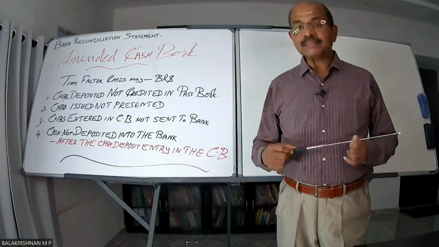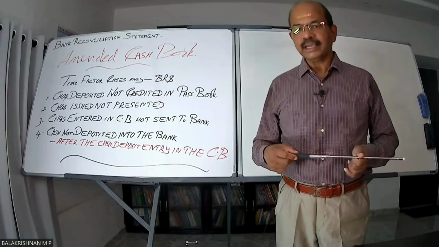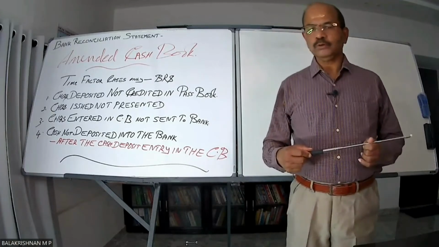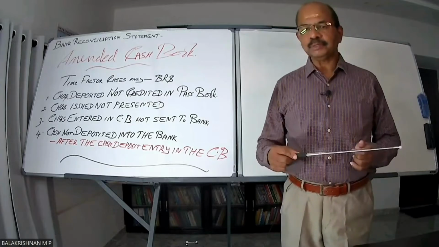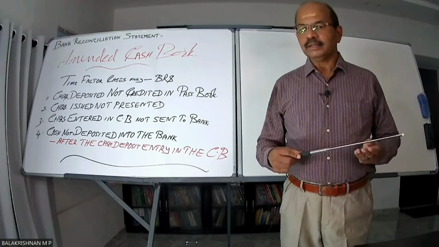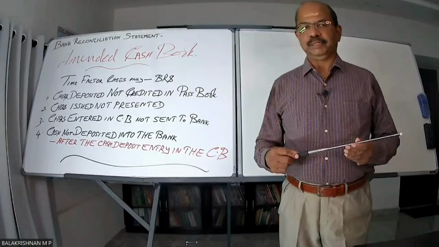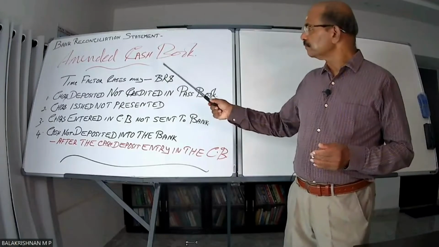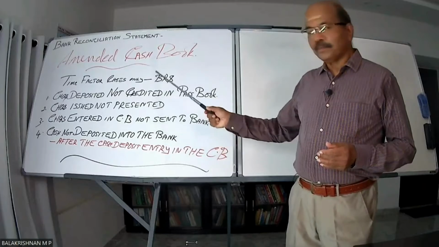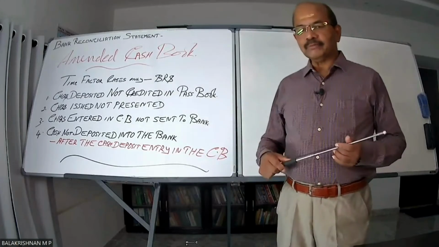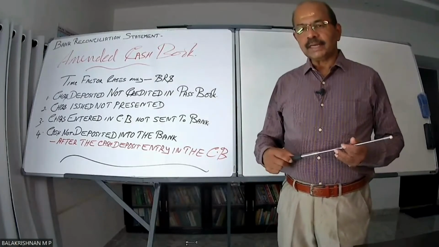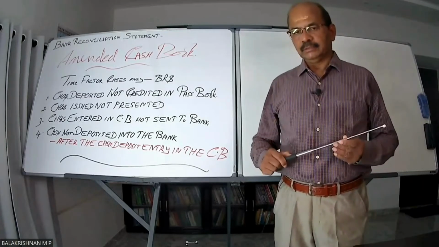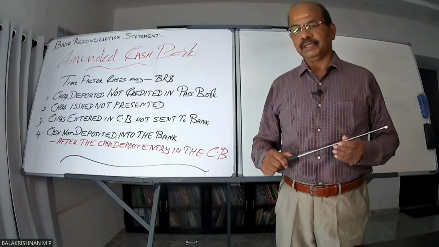If at all an auditor makes a surprise visit, he can be explained the complete episode. He'll be convinced, no issue. Next day, cash will be deposited automatically. Reconciliation will take place. Okay. So these are the cases that cannot be accommodated through an amended cash book and will move compulsorily to the BRS, even if there is an amended cash book.